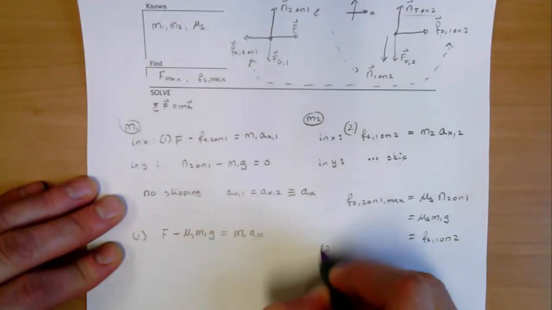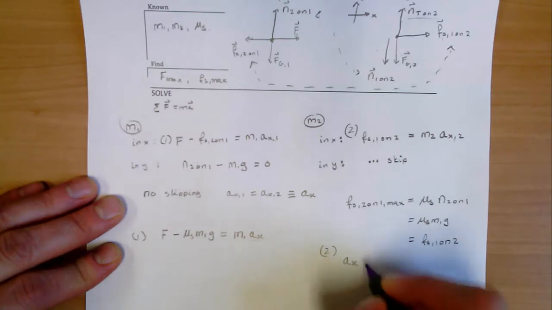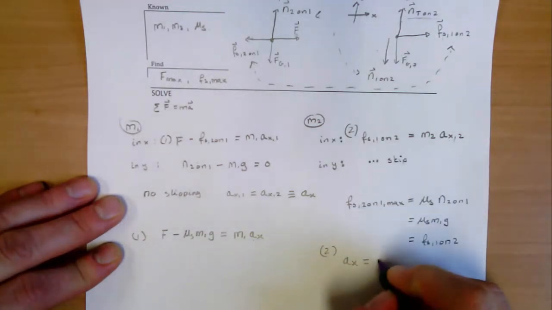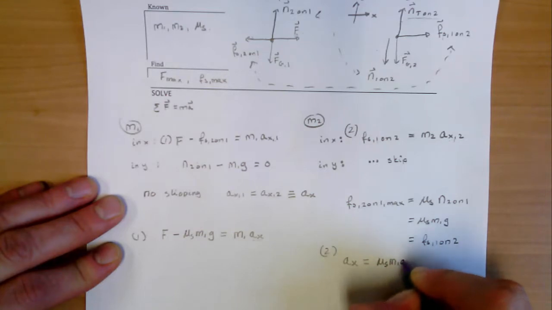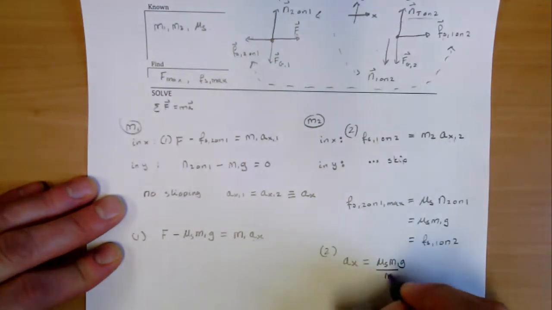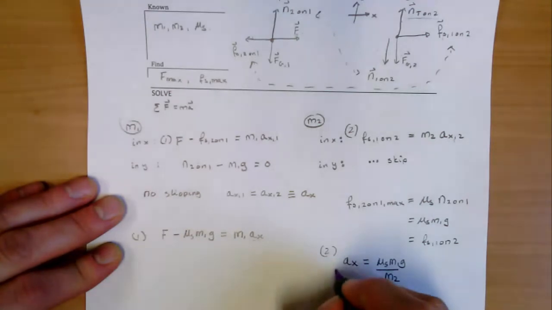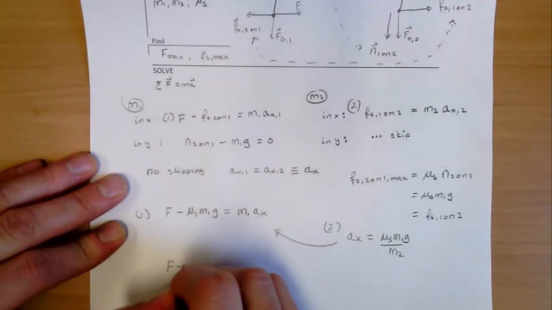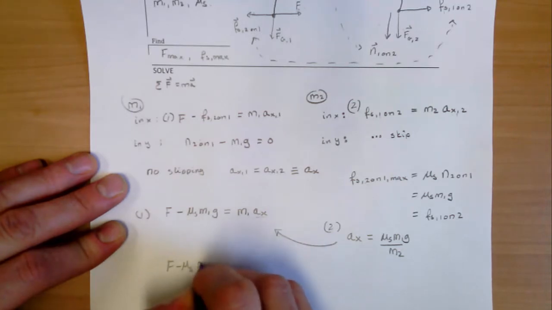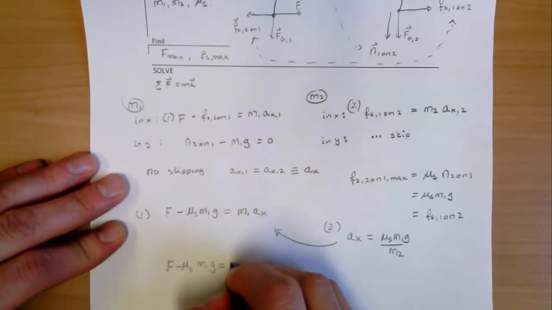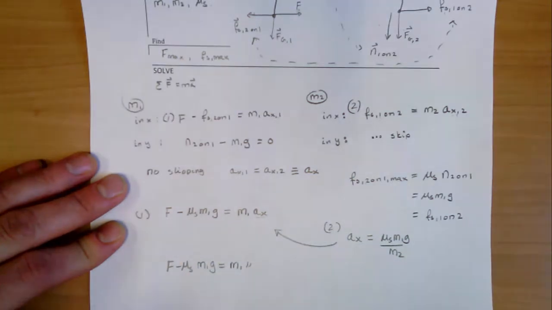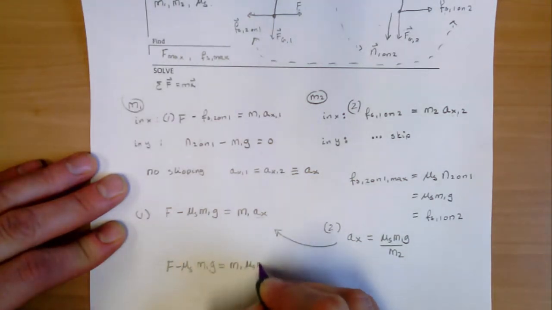So from 2, I found that ax should be equal to the static friction, which is mu s m1g divided by m2. Okay, so I can put that back in here, and then I get F minus mu s m1g equal to m1 times mu s m1g over m2.